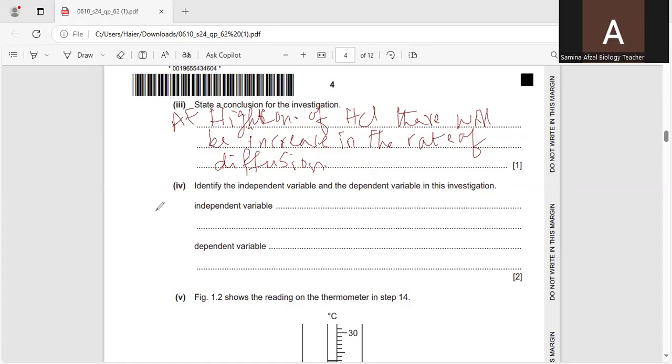So we will write: the independent variable is the concentration of hydrochloric acid, and the dependent variable is the height of yellow agar jelly, because it changes as there is a change in the concentration of the hydrochloric acid.